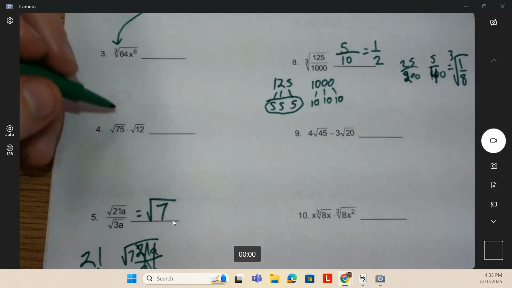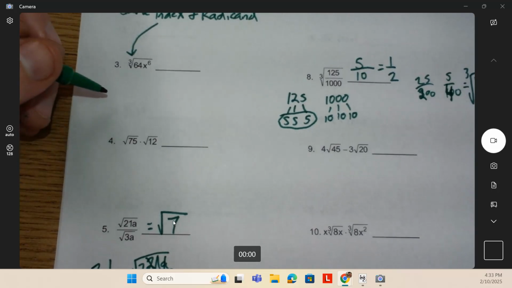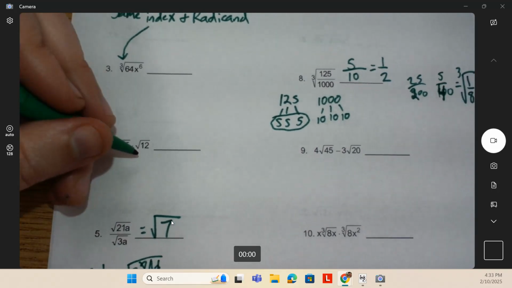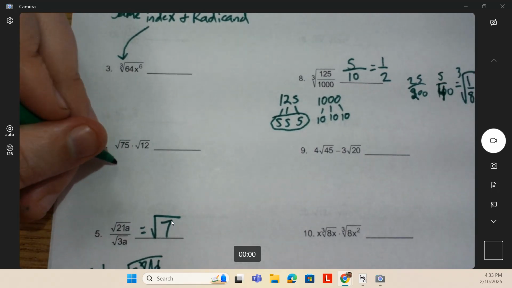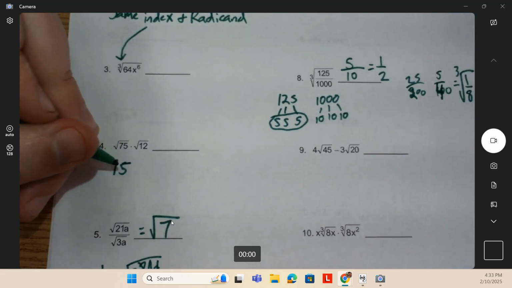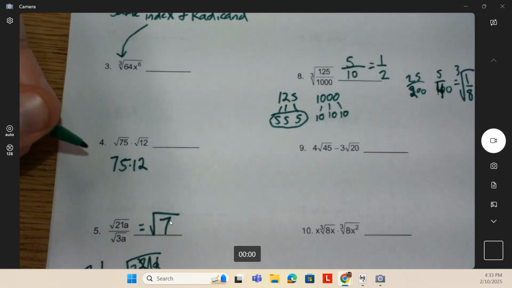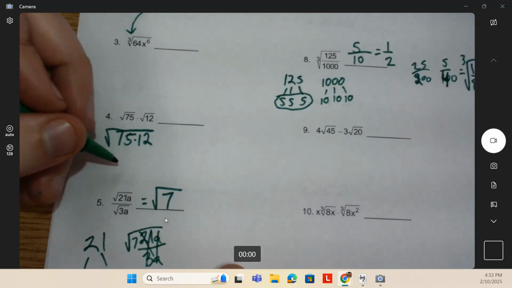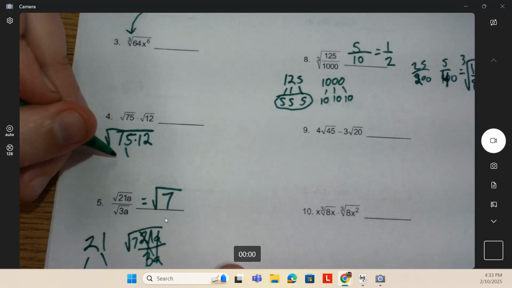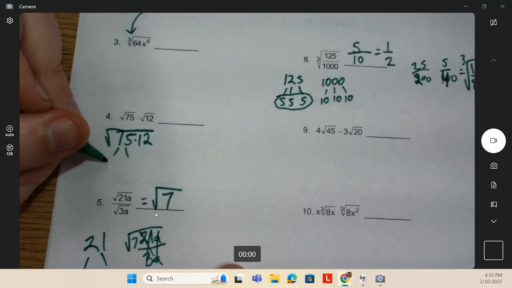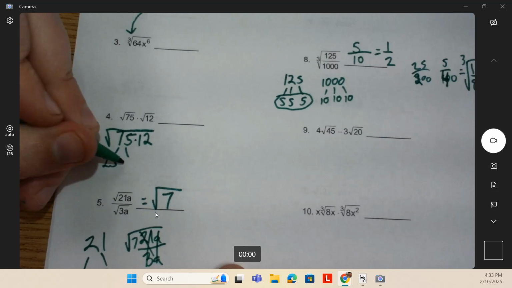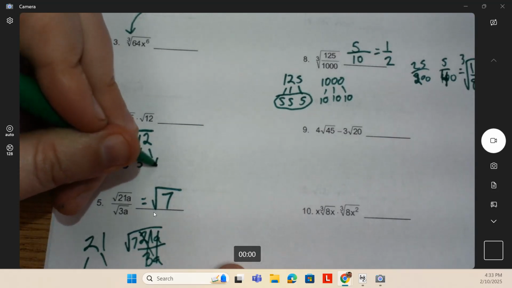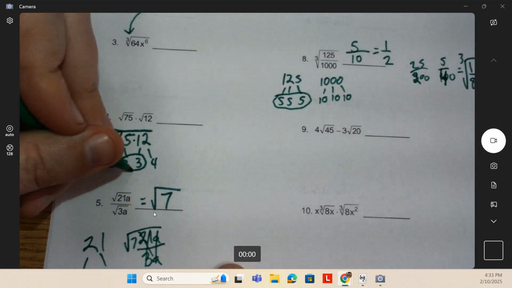Okay, I skipped over number 4 here, but when I'm multiplying here, instead of multiplying 75 and 12, what I would do is put them together underneath, then split them up. So 75 being 25 times 3, 12 would be 3 times 4. Already gives me a pair of 3s.